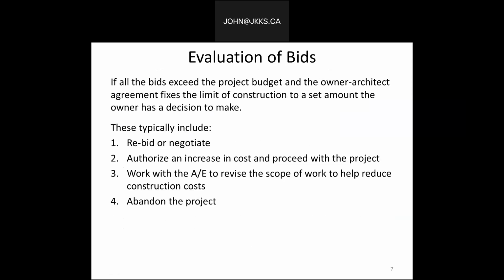These typically can include to rebid or negotiate, authorize an increase in costs and proceed with the project, work with the architect or engineer to revise the scope of work to help reduce the construction costs, or yet, perhaps even abandon the project. So there can be times when estimated prices simply exceed the projected costs. The owner needs to consider a number of options, certainly even perhaps rebidding.